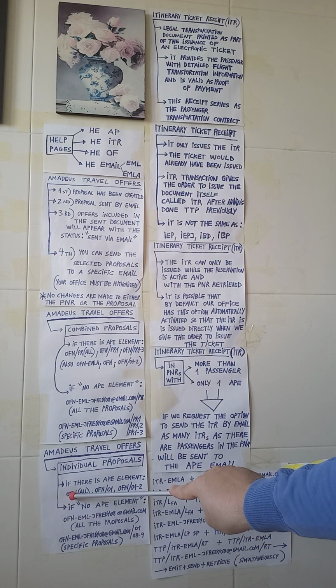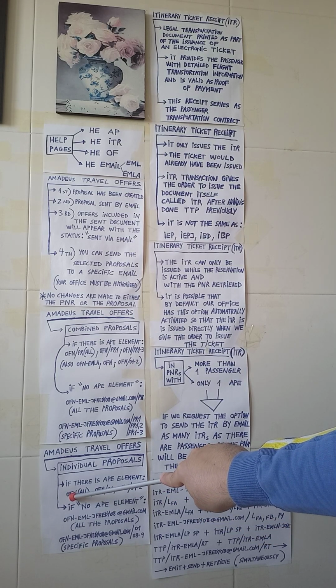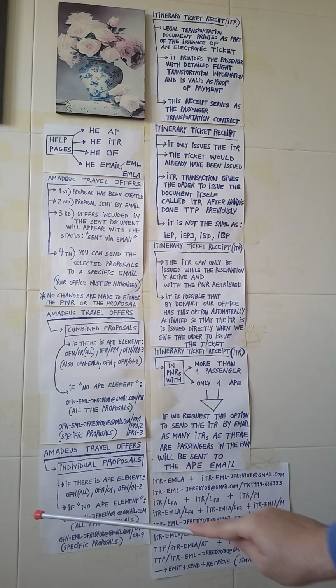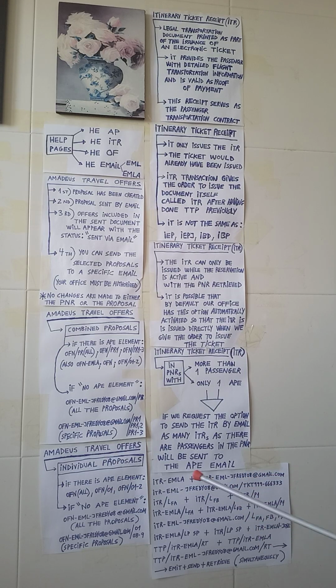With OFN transaction, we can send all available offers of an individual proposal. With OFN/01, we only send offer number 1. With OFN/01-2, we only send offers number 1 and number 2.